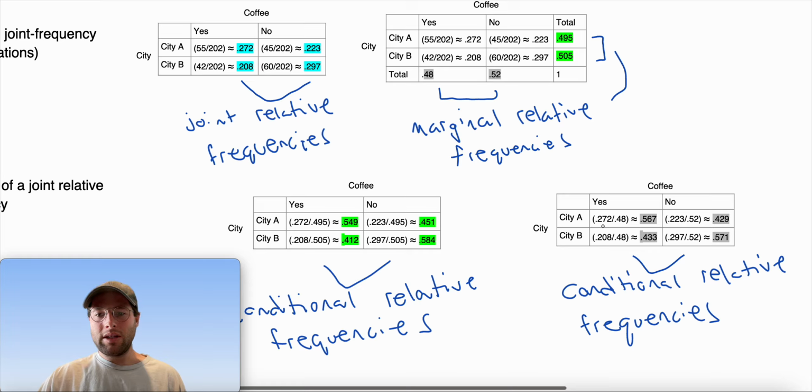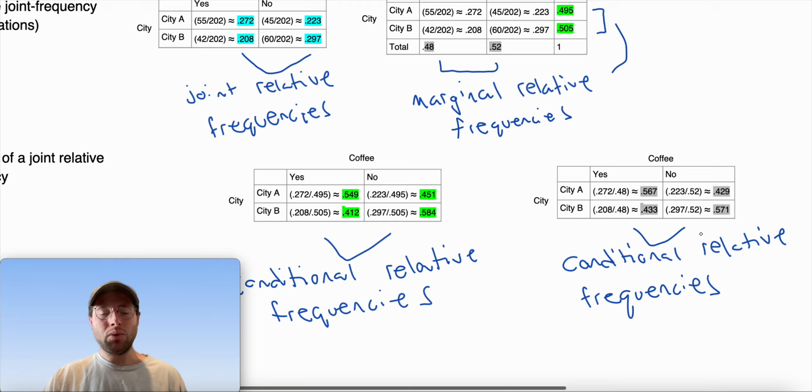So we can see that it's 0.272 divided by 0.48. And then 0.208 divided by 0.48, again using this marginal relative frequency. And then in the second column, we have 0.223 divided by 0.52, now using this marginal relative frequency, and again using that same one for that column.